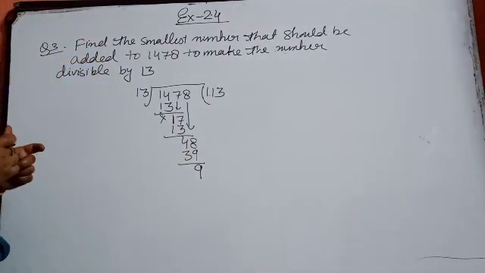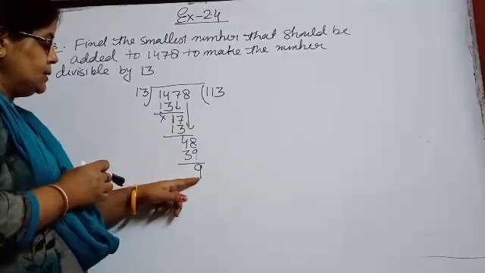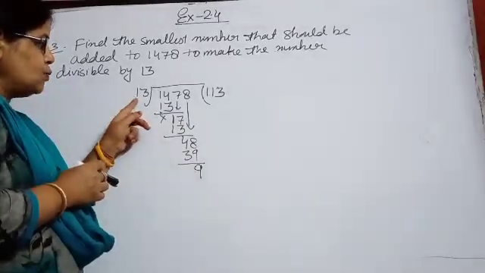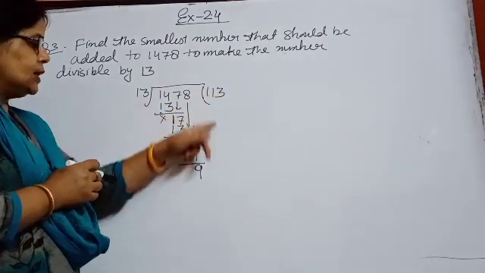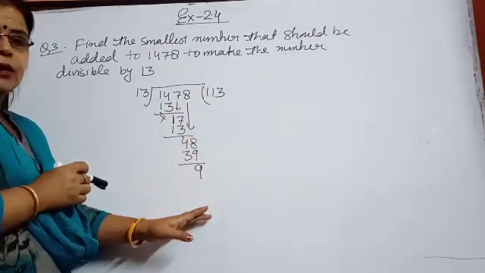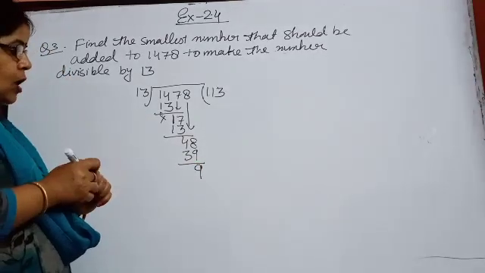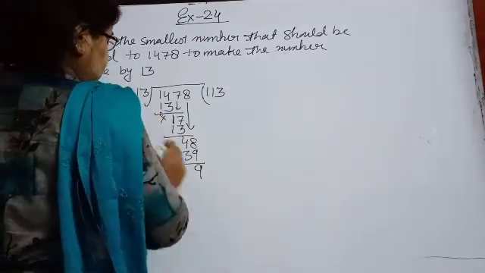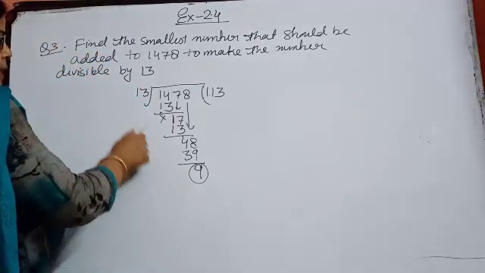You see, if we would like this to be completely divisible, at least the smallest number 13 should be added so that it can be divided completely and nothing remains. So how much less is it for 13? You can see it is 9 and here 13.